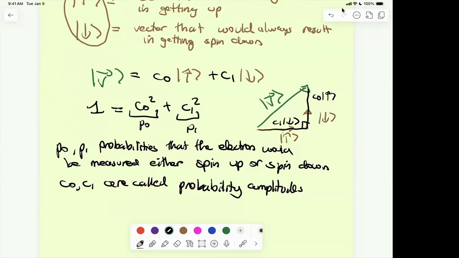So in our construction, we didn't assume that C0 spin up and C1 spin down is an amplitude vector. Why did we assume that the length of V is one? Why did we assume that the sum of C1 and C0 squared is one?